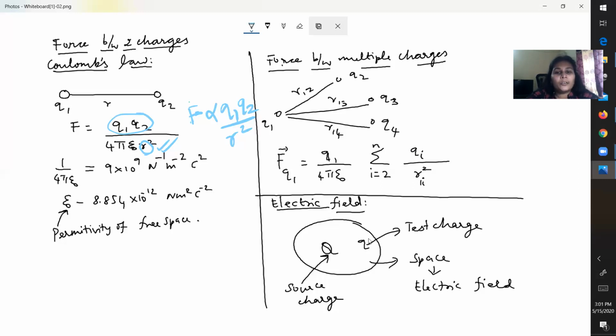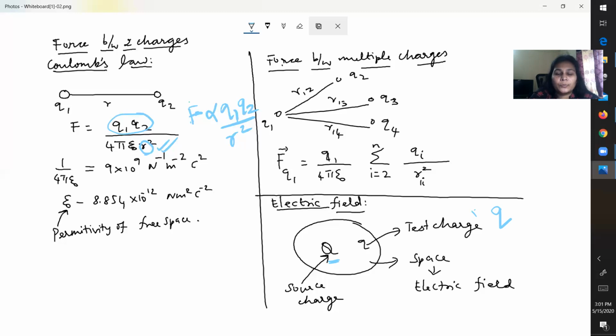Next is electric field. This is a very important term which you have to understand in detail. See, I have a charge Q here. In the diagram you can see this capital Q, and we know that whenever a body has charge, it will exert a force. But suppose I have some other charge q here. Will this charge be able to exert its force on that charge?